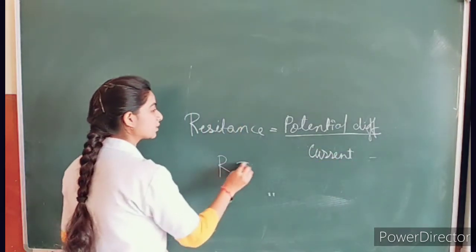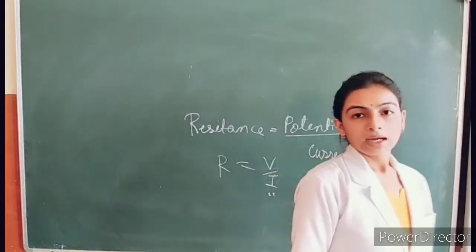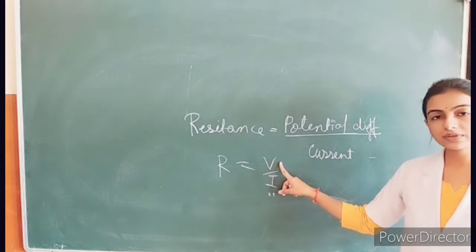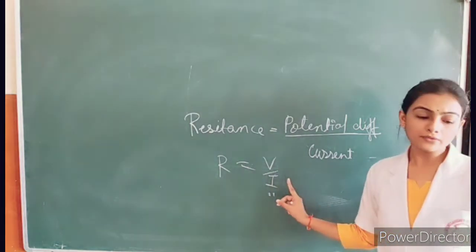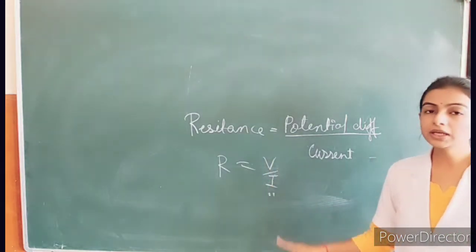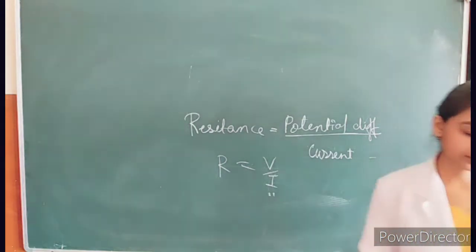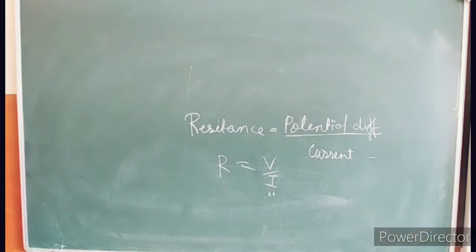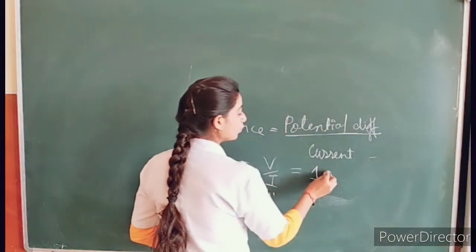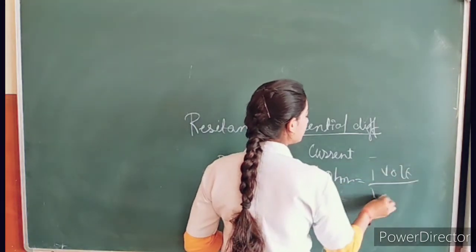That is, R is equal to V upon I. If R is 1 ohm, V is 1 volt and I is 1 ampere, then 1 volt upon 1 ampere, that we can write, 1 ohm will be equal to 1 volt upon 1 ampere.